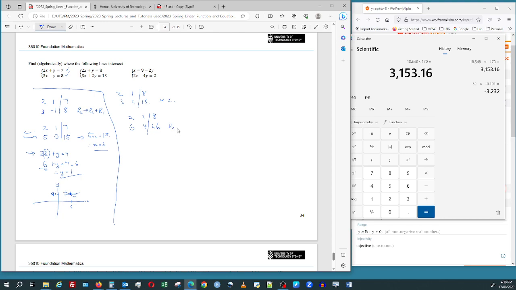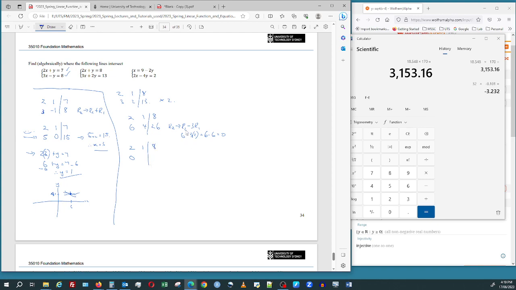Now row 2 can become row 2 subtract 3 lots of row 1. We can do that. So it's going to be 6 minus 3 lots of 2, which is 6 minus 6, which is 0. So that gives us a 0. 2, 1, and 8 will remain.